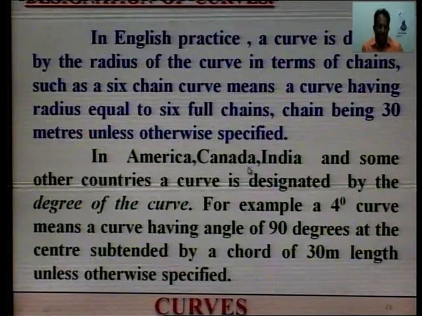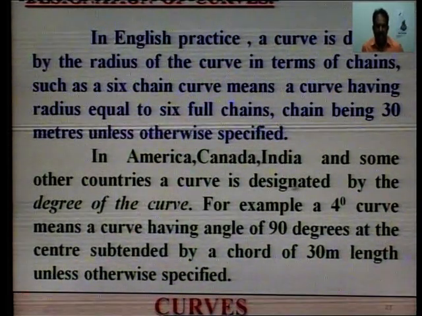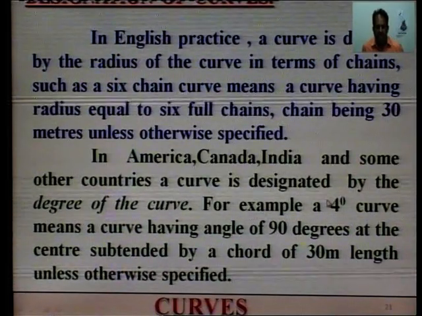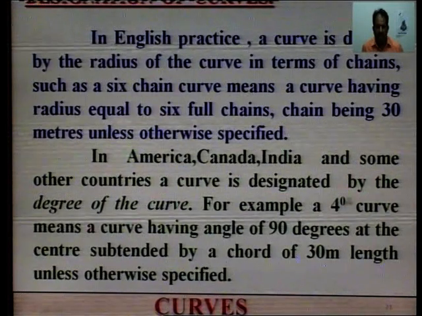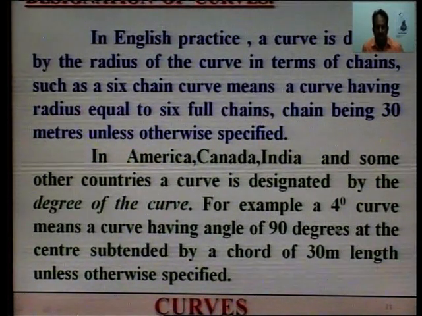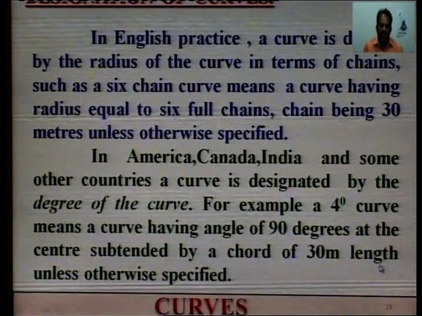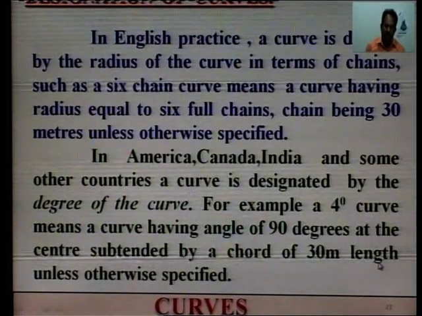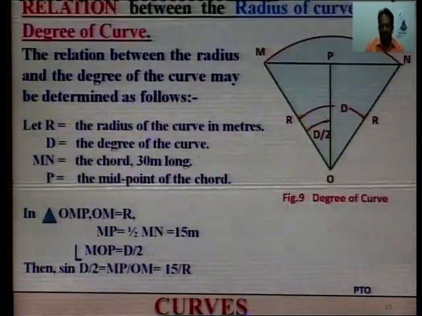In America, Canada, India and some other countries, a curve is generally designated by the degree of the curve. For example, a 4-degree curve means a curve having an angle of 4 degrees at the center subtended by a chord of 30 meter length unless otherwise specified.